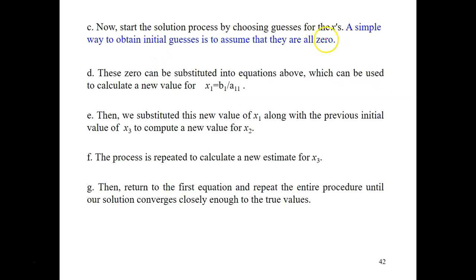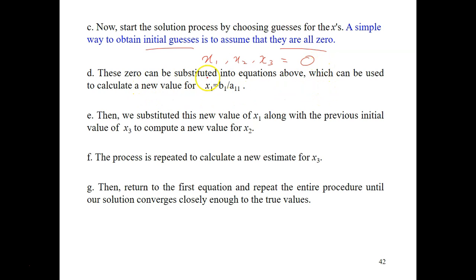Okay, so in order to do this, you need to have an initial guess. So usually we assume that the initial guesses are all 0, meaning for all x1, x2, and x3. We can just assume as a starting point, all of these values are 0, and then we can move on from there.